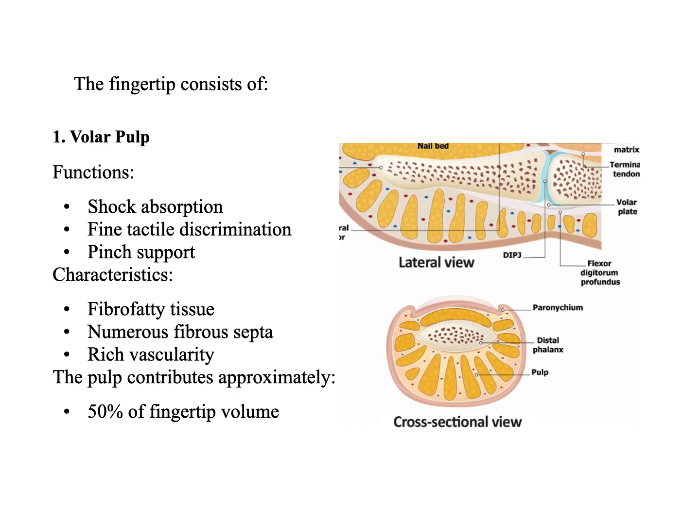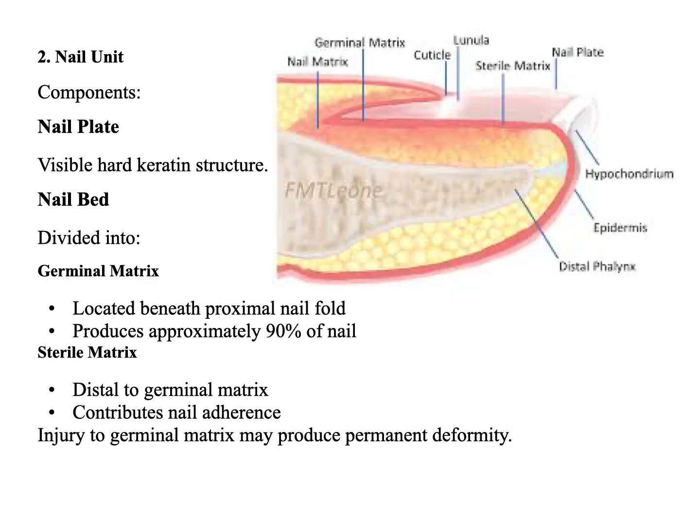Okay, so let's move to the nail unit. The nail unit is composed of the nail plate, which is a hard structure supporting the phalanx itself, and the nail bed, which is underneath the nail plate. It is divided into germinal matrix and sterile matrix.